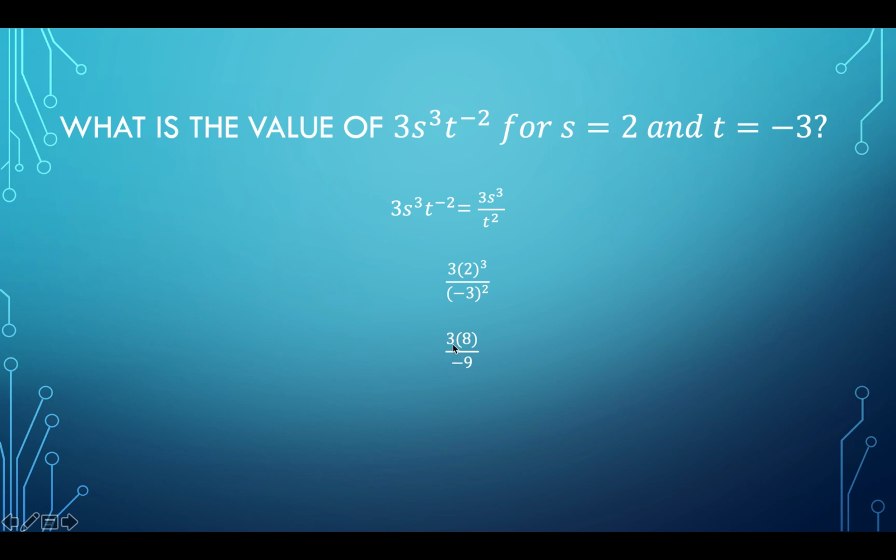So you should have 3 times 8 over a positive 9, not a negative 9. Then we get 24 over positive 9, and that simplifies down to positive 8/3, not negative 8/3. Sorry about that, guys.